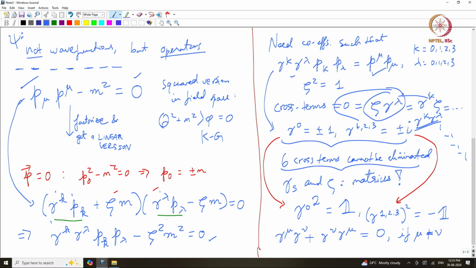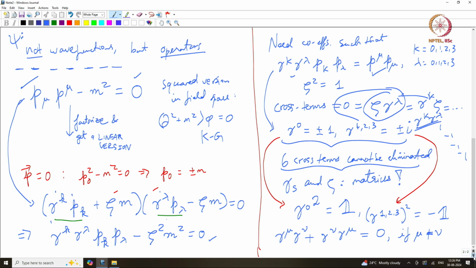So this might look a little weird now, right, because mu and nu you are used to seeing as some Lorentz index acting on some 4 vector, either a contravariant index or a covariant index, but now we are labeling these matrices themselves with a mu and a nu to correspond with the mu and the nu in some vector or spinor and so on. Okay, so that is a slightly odd thing here, but let us go with it. It is just a label to show that each of the gammas is different. Gamma 0, gamma 1, they are all different.